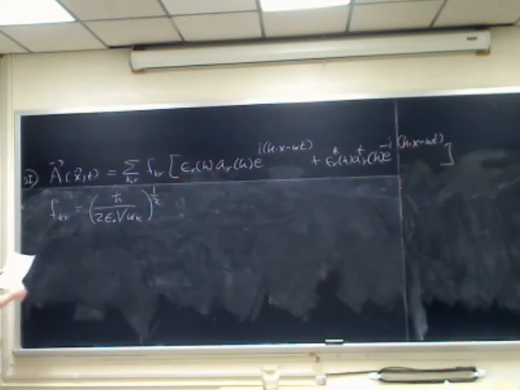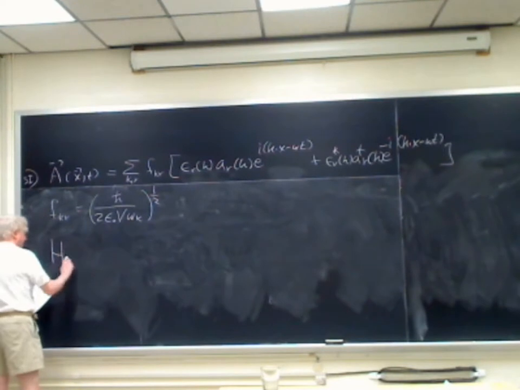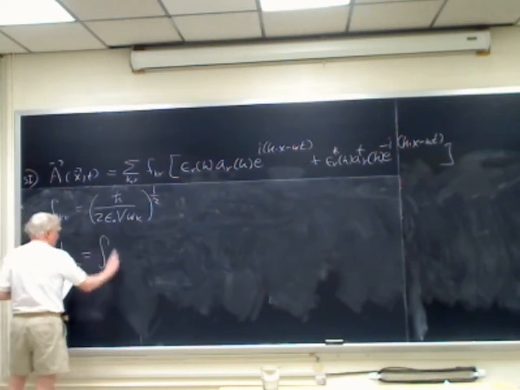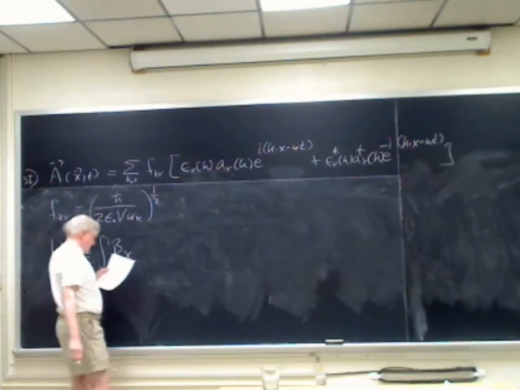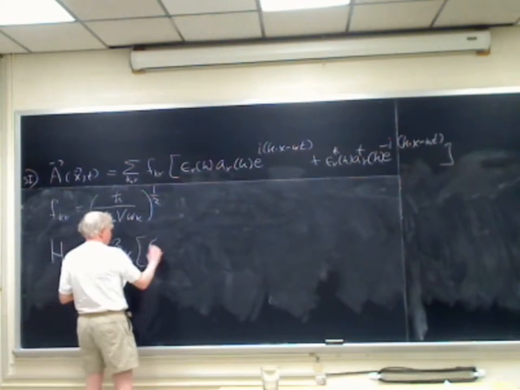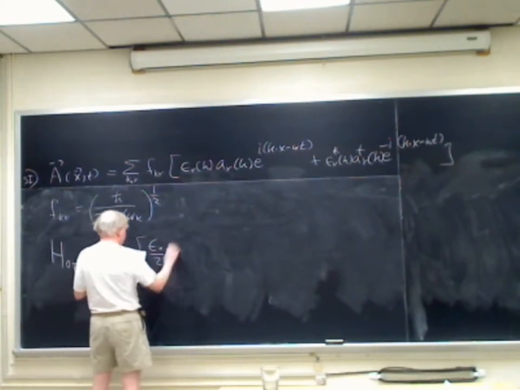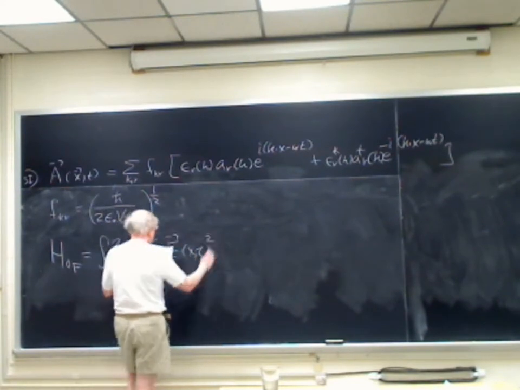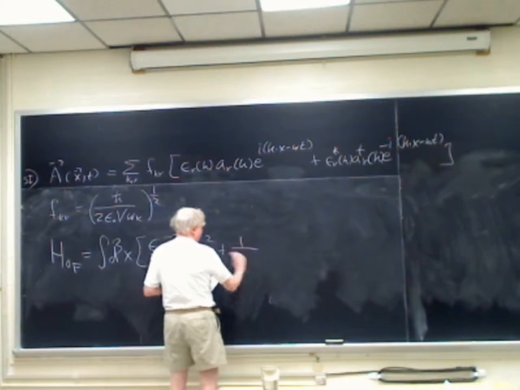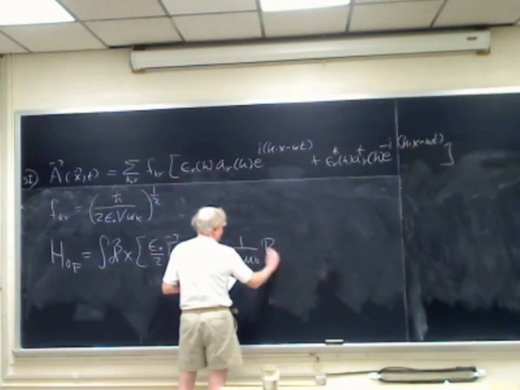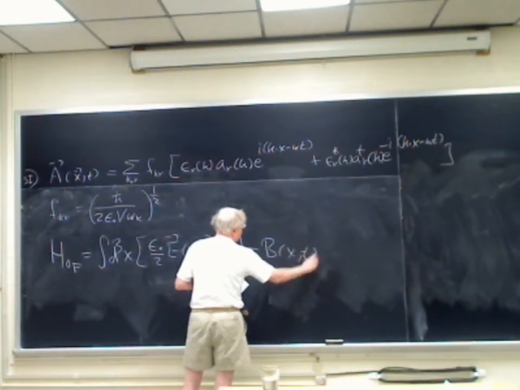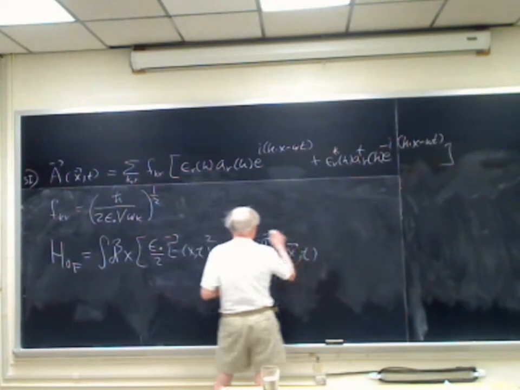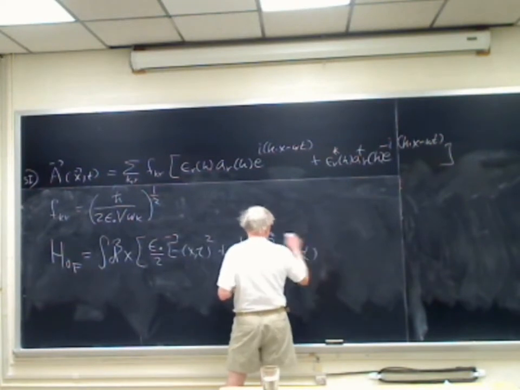Okay, the free Hamiltonian is an integral over space, epsilon 0 over 2 E of x and t squared plus 1 over 2 mu 0 B of x and t squared.